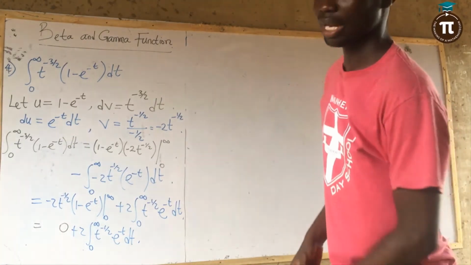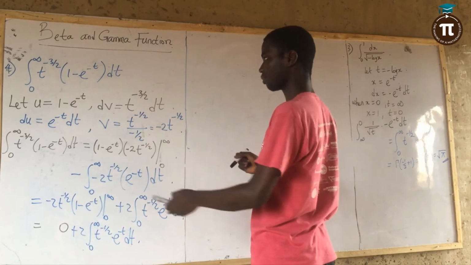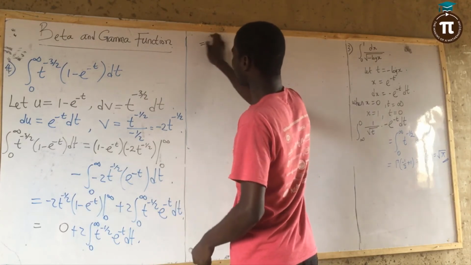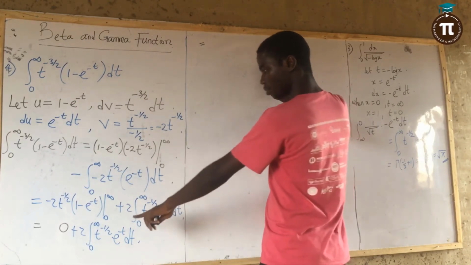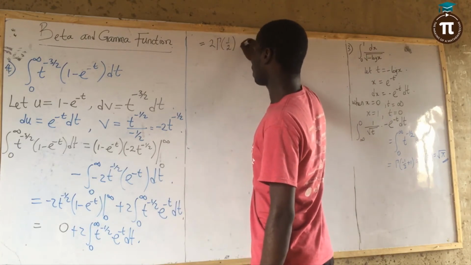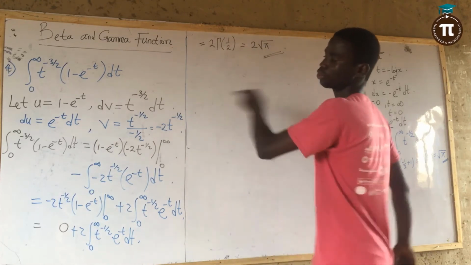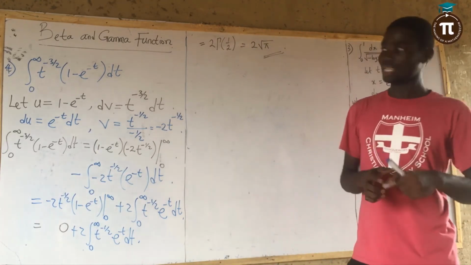So this is what I'm going to find today. The answer I'm going to get now will be equal to 2 gamma of 1 over 2. And gamma of 1 over 2 is square root of pi. So the answer is 2 root pi.